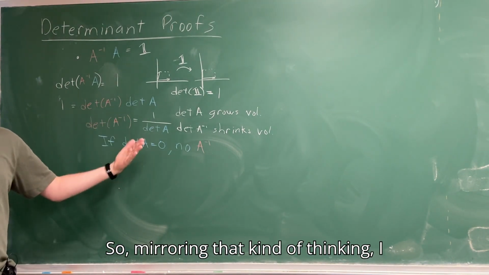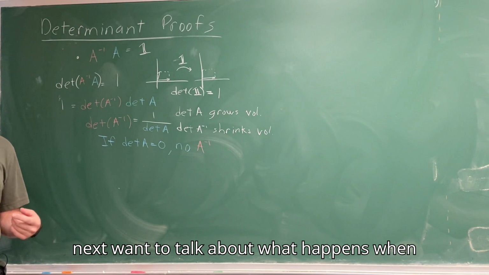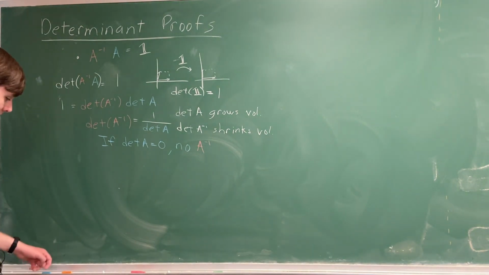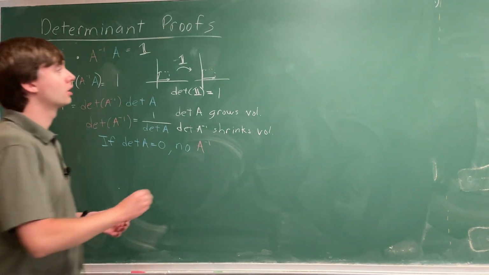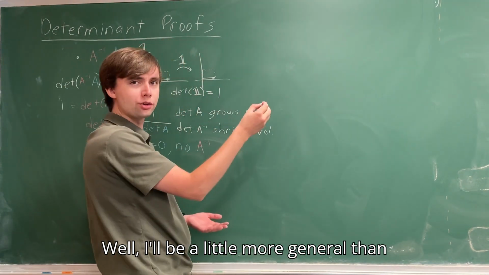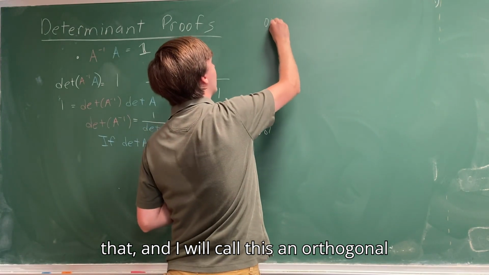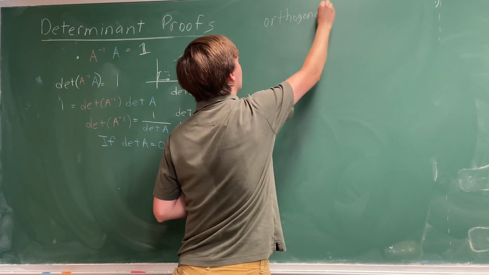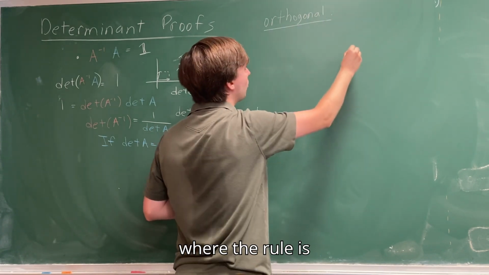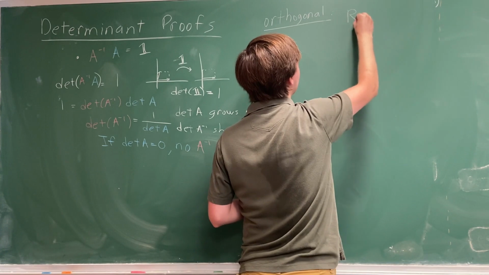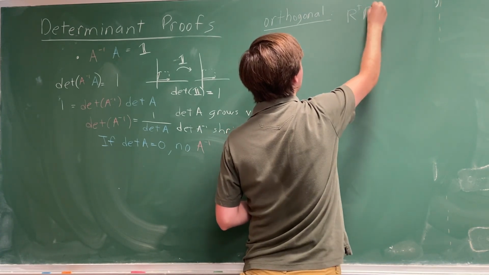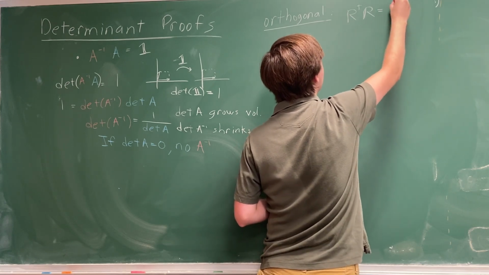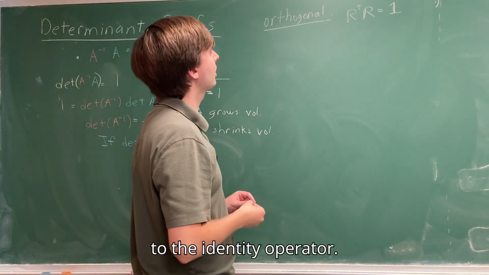So mirroring that kind of thinking, I next want to talk about what happens when we try to take the determinant of a rotation. Well, I'll be a little more general than that, and I will call this an orthogonal transformation, where the rule is that R dagger times R must be equal to the identity operator.